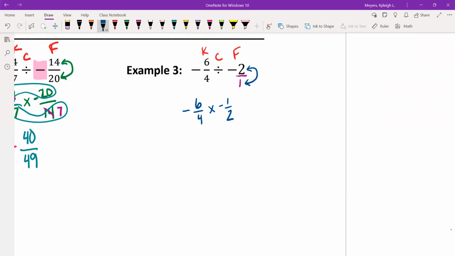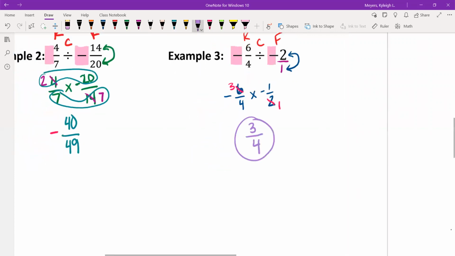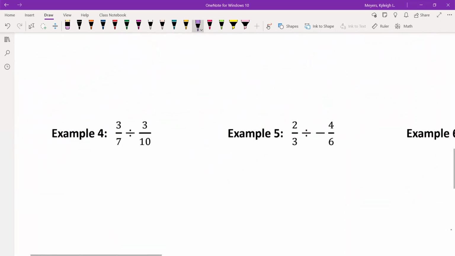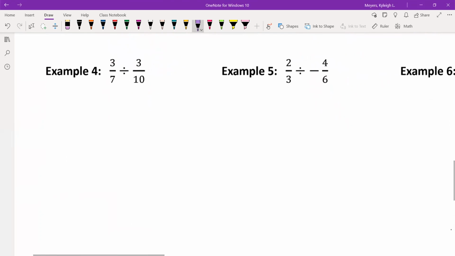Hopefully you're saying yes. 6 and 2 are divisible by 2. And now we do 3 times 1, 4 times 1. And a negative times a negative gives us a positive, so that's our answer. Okay, so hopefully this feels the same.